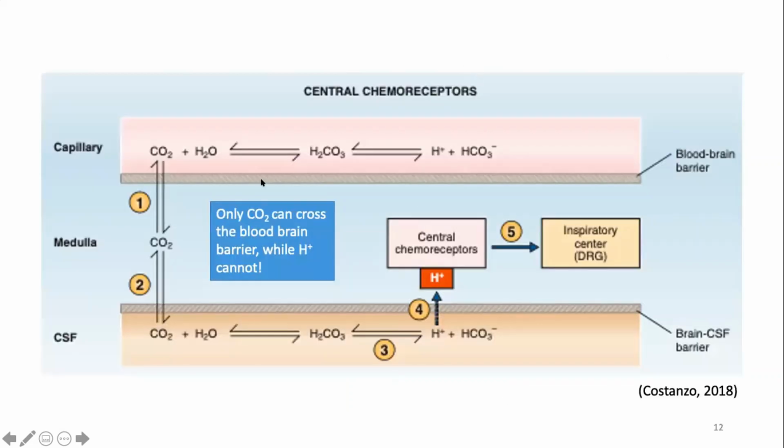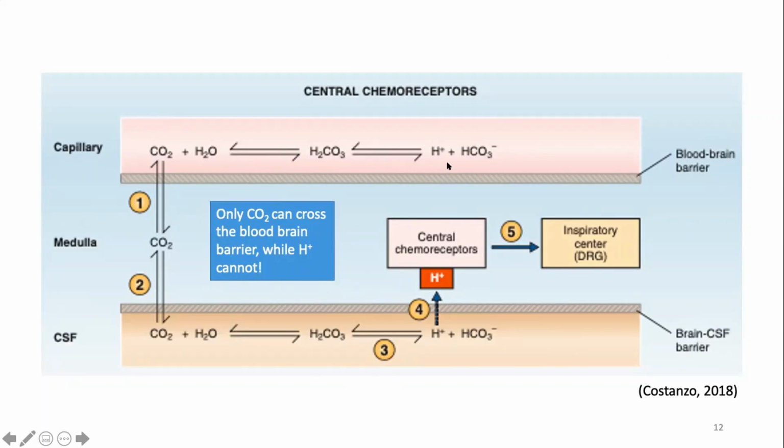Okay, you need to know that this is just side information. What actually stimulates the chemoreceptor? It is actually the pH of the CSF. Why? The carbon dioxide itself cannot stimulate the central chemoreceptors. The carbon dioxide can cross the blood-brain barrier, but the H+ cannot.